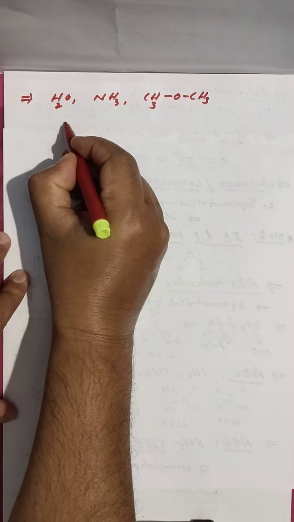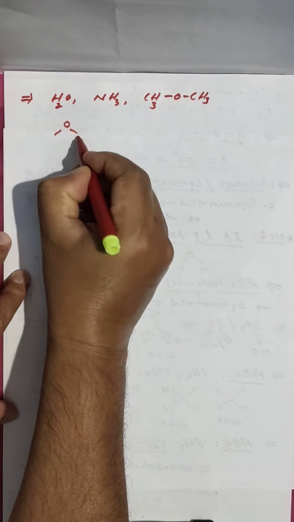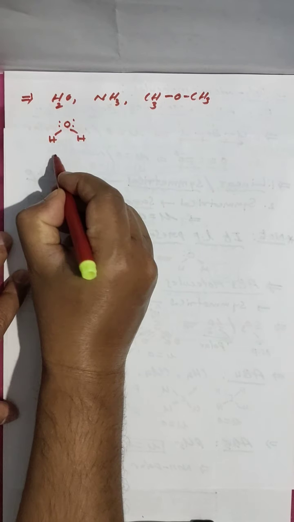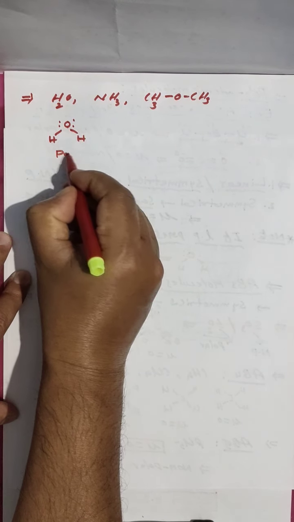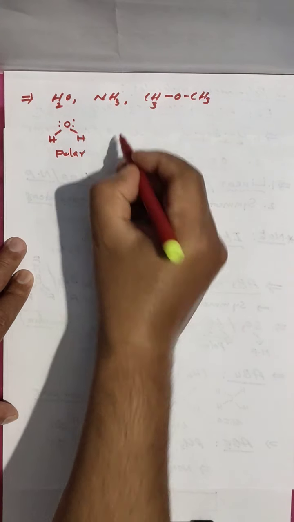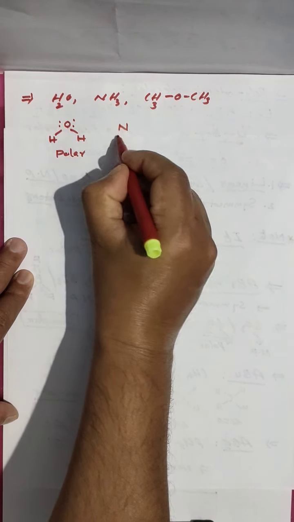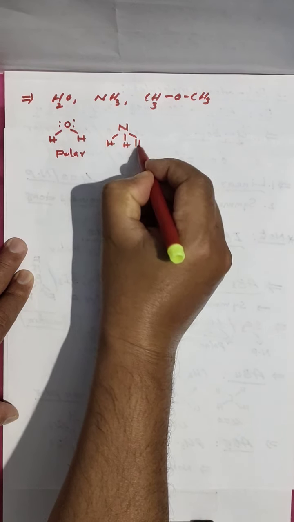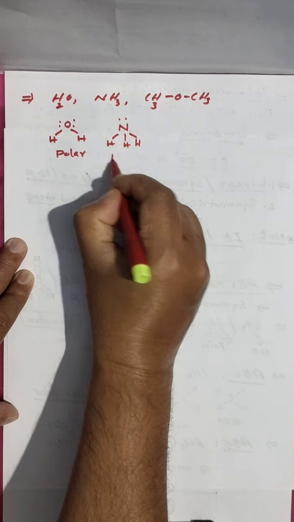You know, the water molecule is bent shape, same atoms but lone pairs are there, that's why it is completely polar. And ammonia, same atoms are bonded but a lone pair is there, it is also polar.